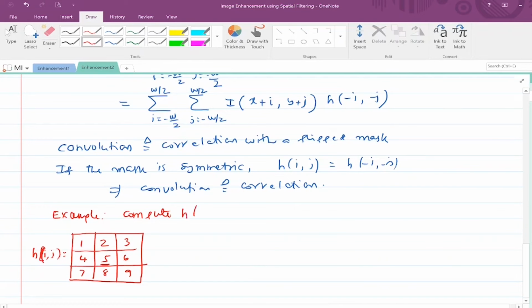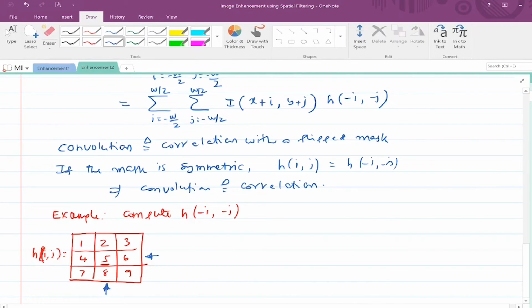You need to compute h of minus i comma minus j. One way is to take each element and do a horizontal flip, using this symmetry axis, and then for that particular element do a vertical flip, using this as your axis.